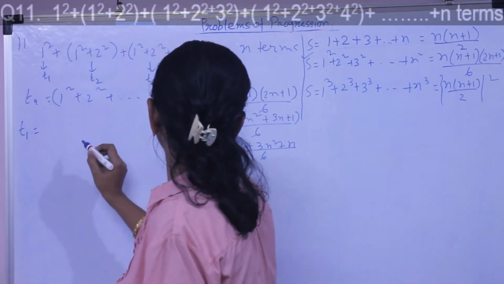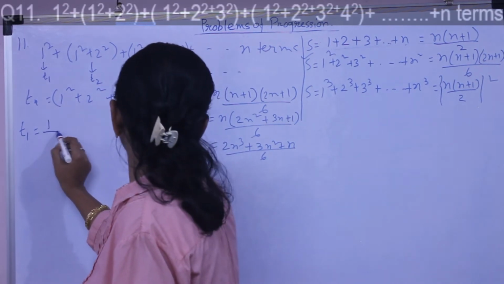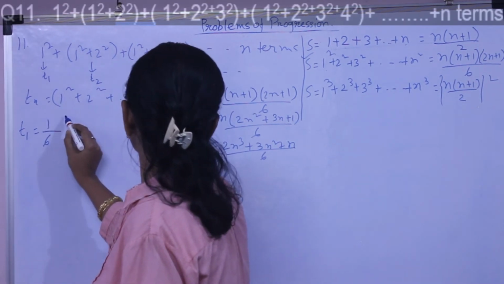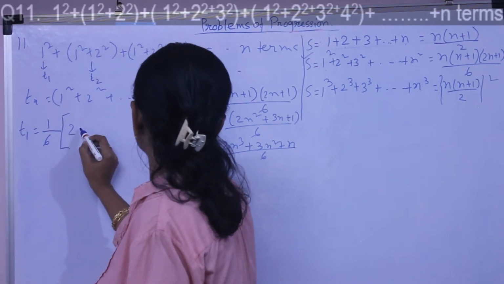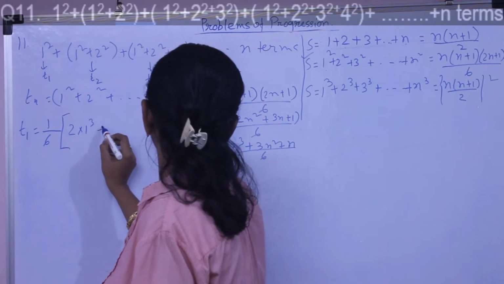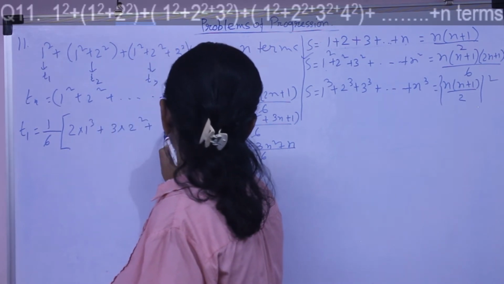So T1 equals, taking 1 by 6 common, 2 into 1 cube plus 3 into 1 square plus 1.